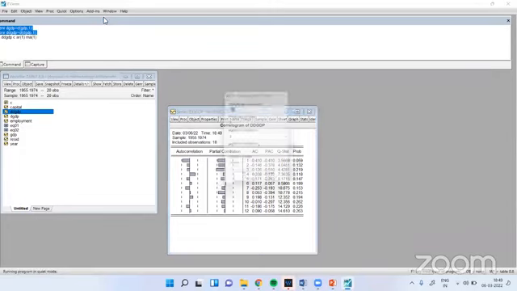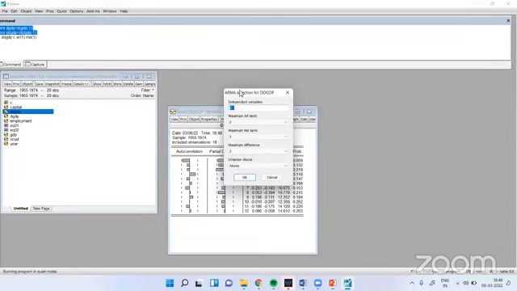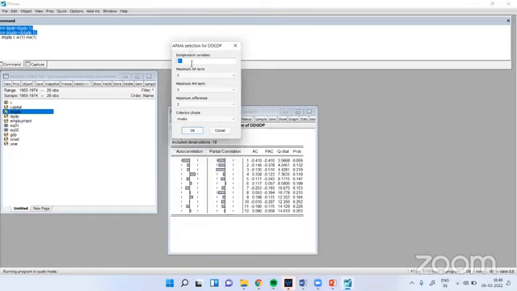I will go for automatic ARIMA selection. It will ask me how many independent variables there are. So I just write down that my independent term is C only, because I am not considering anything apart from this. The maximum AR terms I should work on is 2. Maximum MA terms should be 2. Maximum differencing which should be carried out is 2.